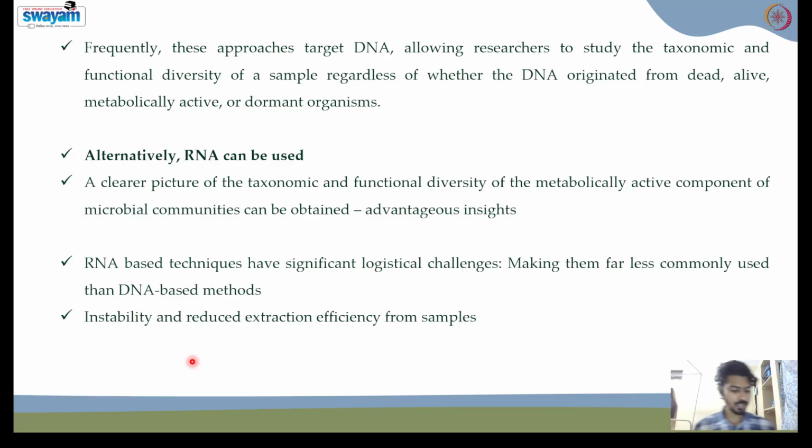But if your goal is to study the metabolically active genes, then you don't have any other option. In that case, you have to go for an RNA-based sequencing approach. But you have to remember RNAs are often unstable when compared to DNA, and the extraction efficiency is also lower when compared to DNA.